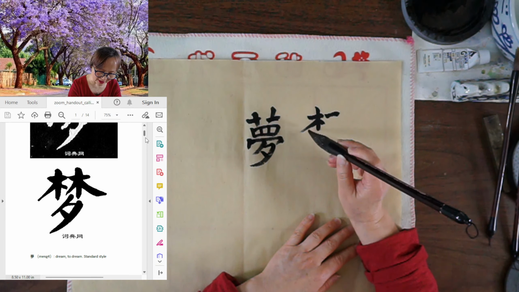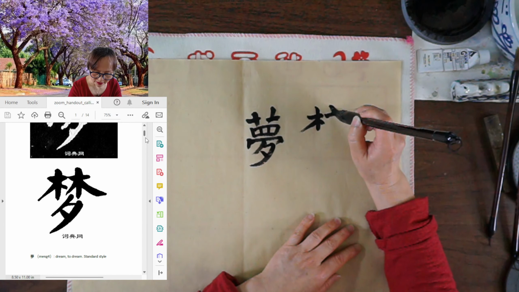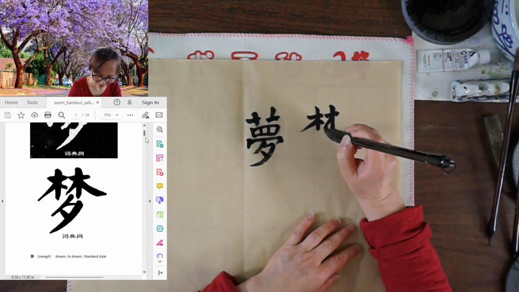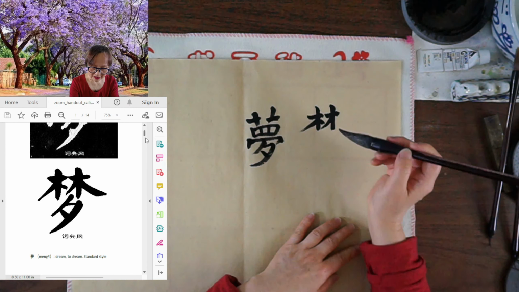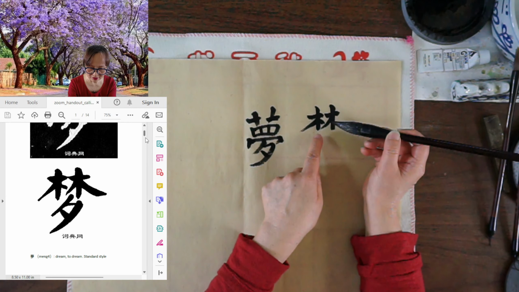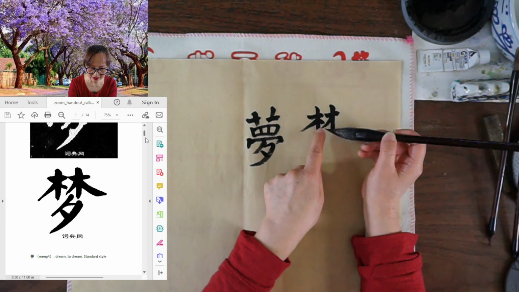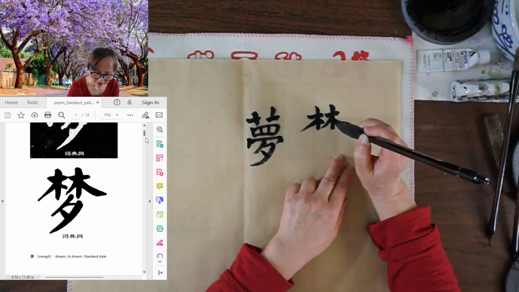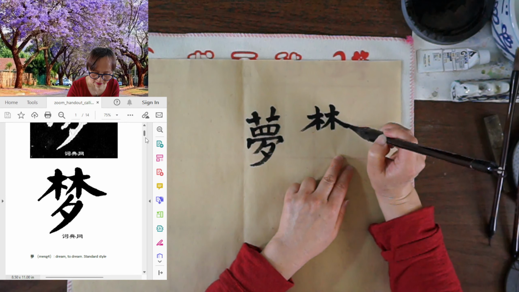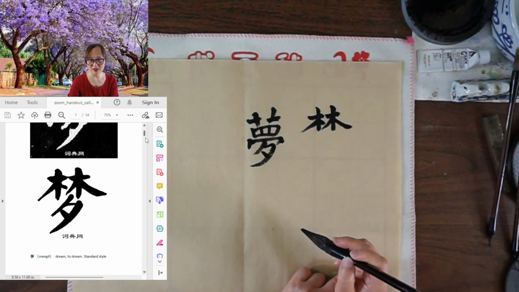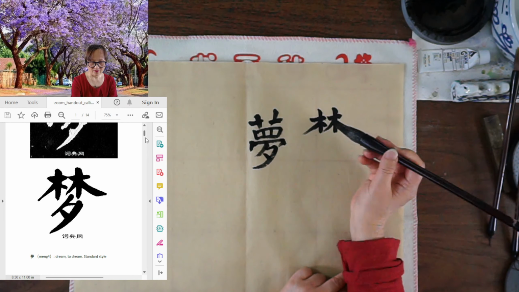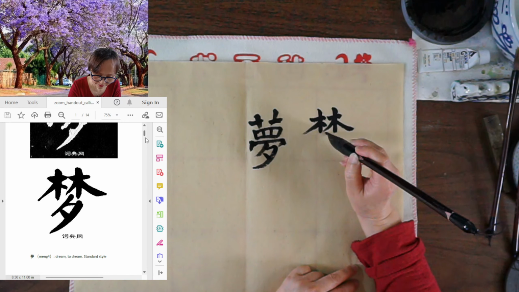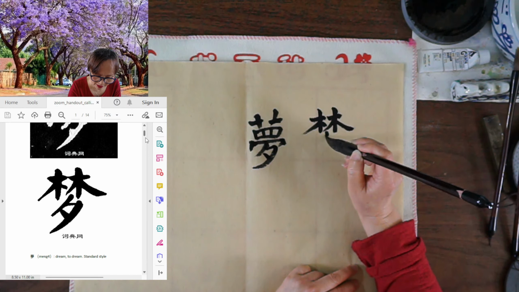The left one with the slant longer, and the right one with the press on the right hand side, and in the middle part a little bit together, not really separated with big gap there. Okay, so this is like the little forest or a group of tree for the upper part, right? And then lower part, do not put them too separated. Okay.